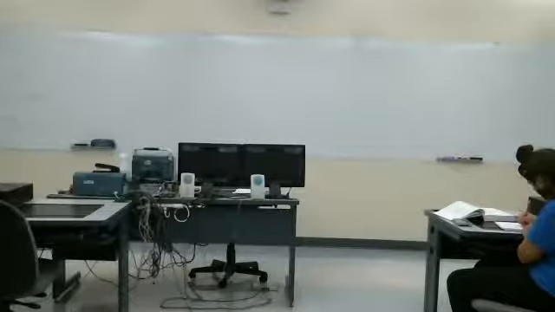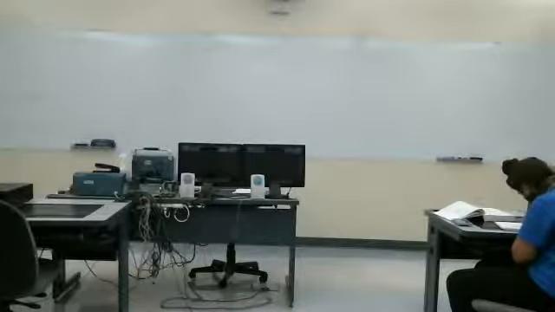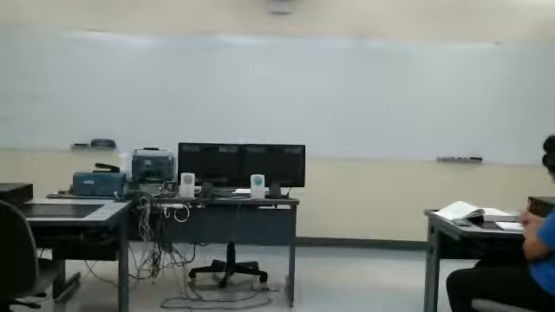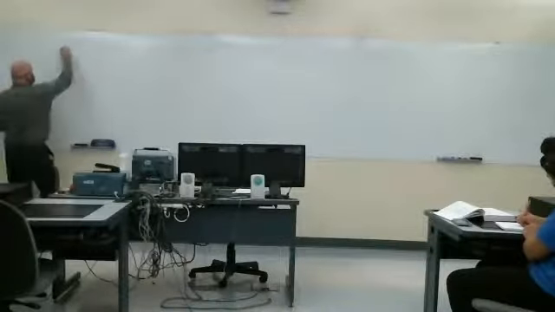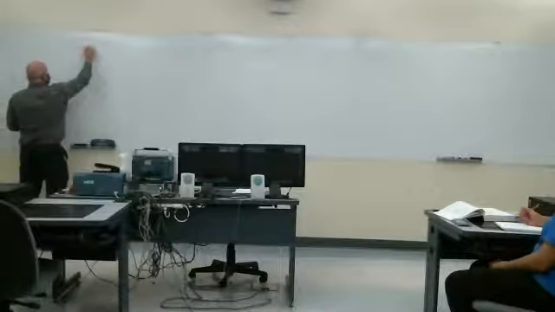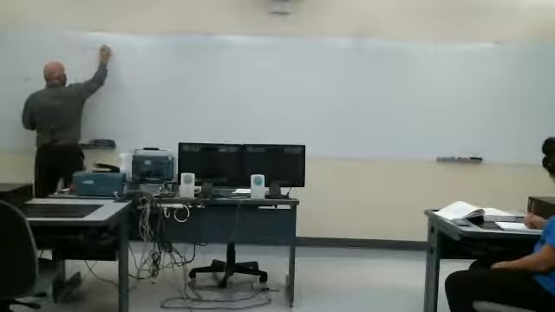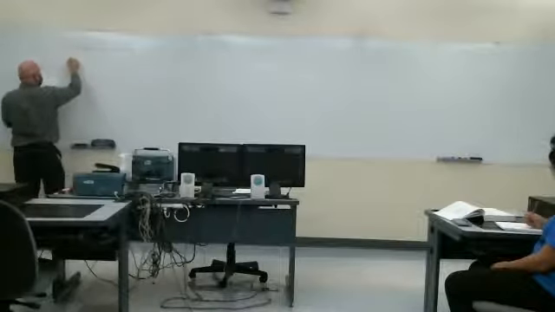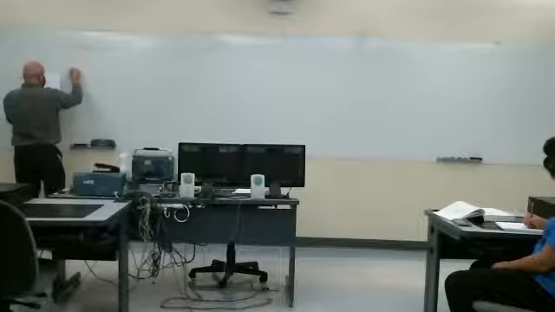The point of this example is not to get the solution, but to see if we could use that solution to find the solution for other inputs. So the question is, can we find the response to a completely different input, x of t, that looks like this?